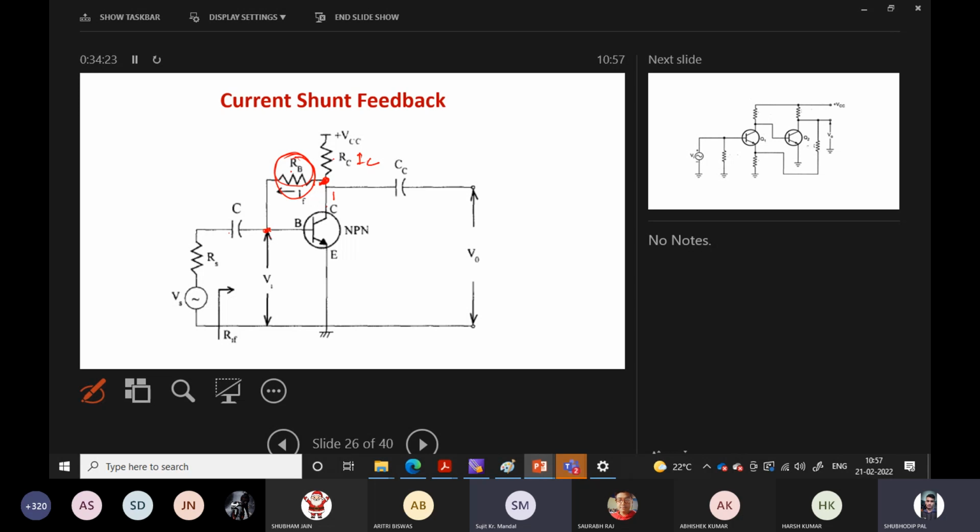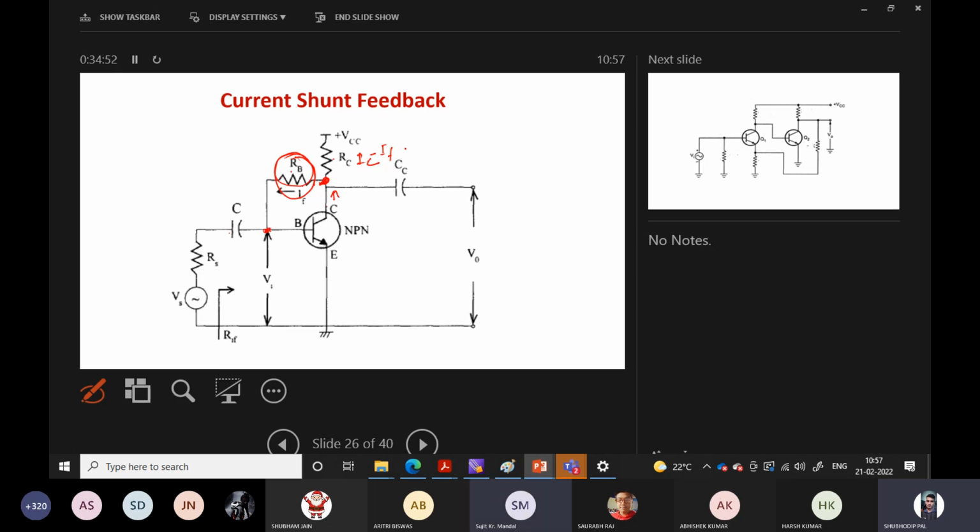IC is flowing from here, now it will be somewhat less. The current through this resistor would be IC minus IF, if we consider IF is flowing to this resistor. So a part of this collector current is flowing to this resistor. That indicates that the current sample is taken from the output as a sample signal.